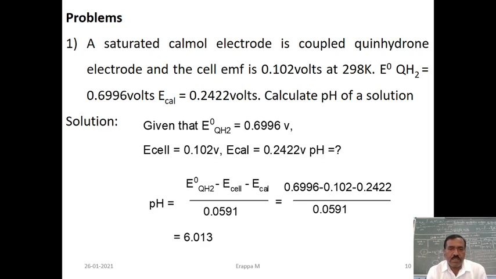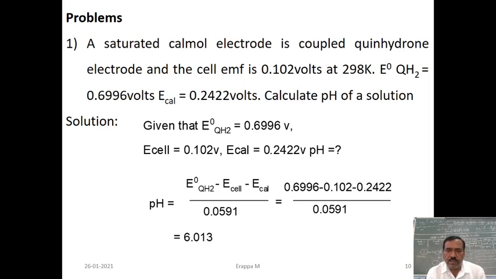For this solution, the E0 for quinhydron, the standard value, is given in the problem as 0.6996 volts. E of the cell is given as 0.102 volts and E calomel is given as 0.2422 volts. You have to calculate pH. pH is equal to E0 for quinhydron minus EMF of the cell minus E calomel, divided by 0.0591.